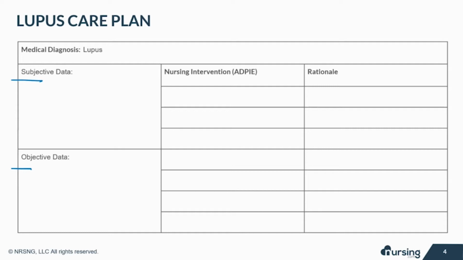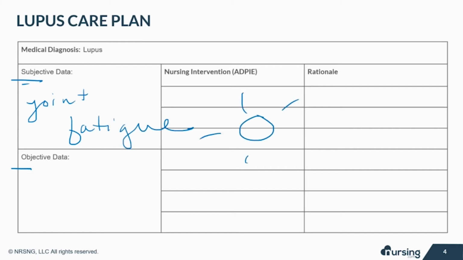So let's take a look at some of the subjective and objective data your patient with lupus may present with. Now remember, subjective data are going to be things that are based on your patient's opinions or feelings. These things could include joint pain, chest pain with deep breathing, extreme fatigue, and sensitivity to the sun.